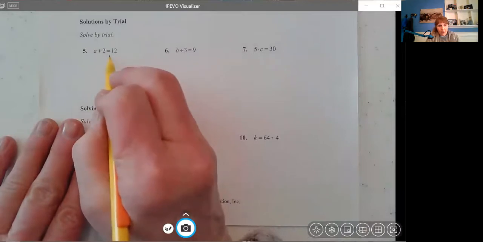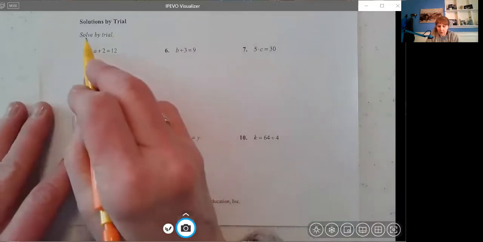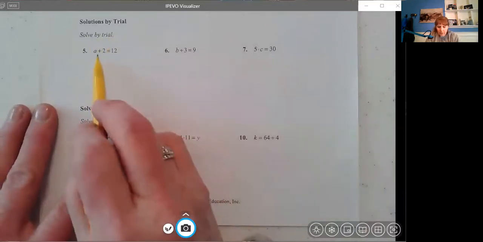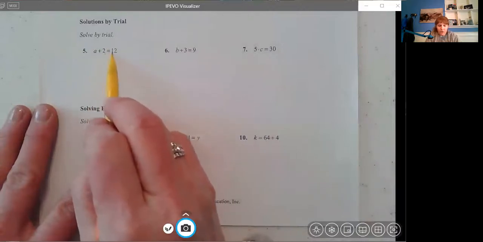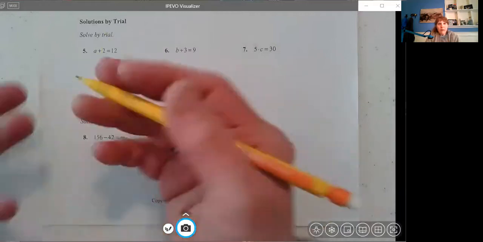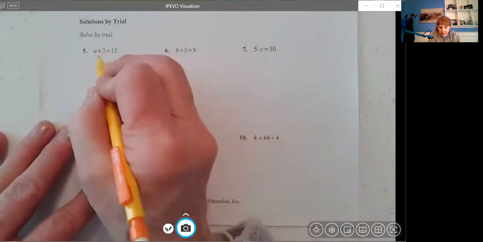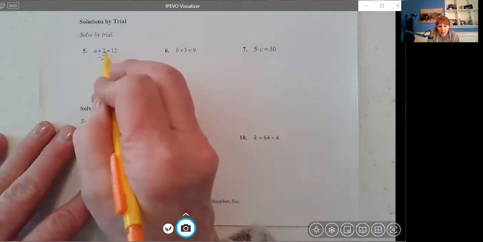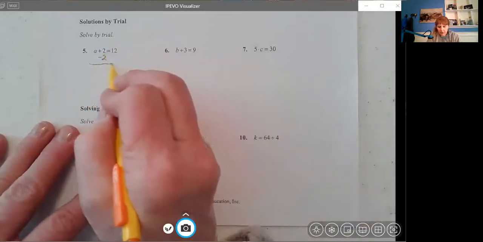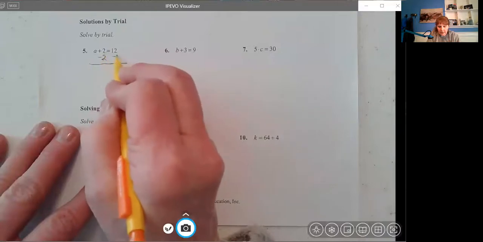So in order to solve this, now obviously we know you can solve by trial. We know that the a has to be 10 because 10 plus 2 is 12. But if it were a more obscure number that we couldn't solve by just looking at it, if you have a plus 2, you subtract 2 from both sides.